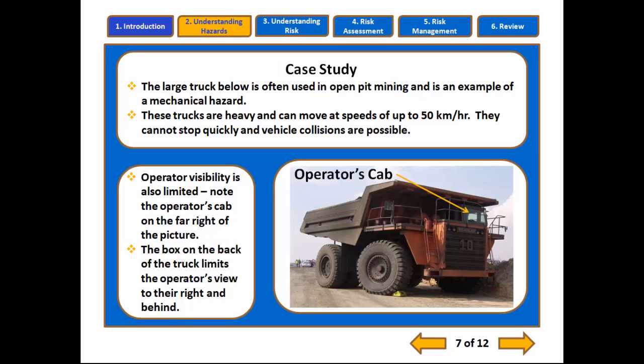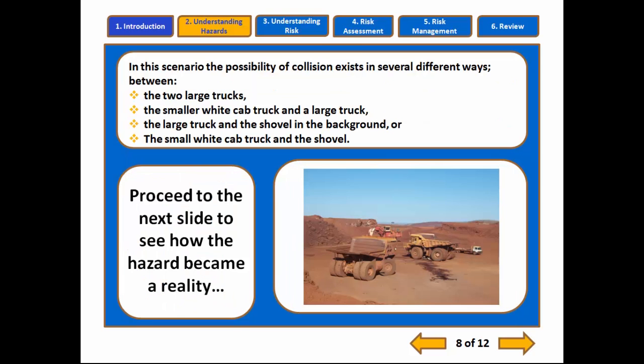So visibility is a major concern when you have this sort of vehicle. Now consider one of these vehicles on a work site. There are a lot of hazards when you can't see the details of where your vehicle is located. So collisions are actually a major concern.